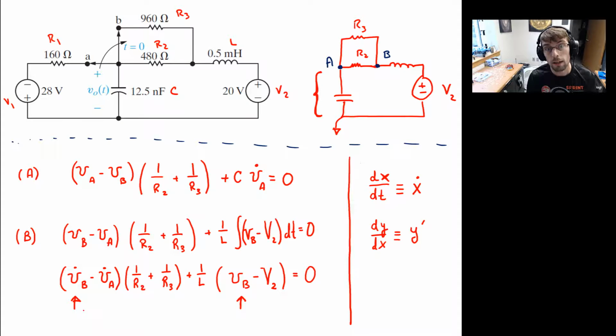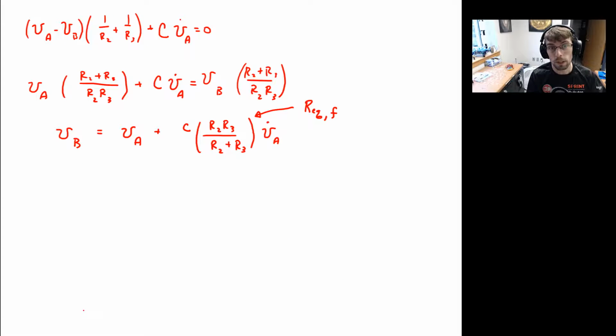Well, okay. That means that we need to take a time derivative of this equation as well. And here's where the dot notation is helpful. Just allows you to write it really quickly. VA dot plus, I'll put this as REQ now, REQ final. Because don't forget, when you do the initial case, you could argue there's an equivalent resistance there as well. So I'll call it REQ final C VA double dot.